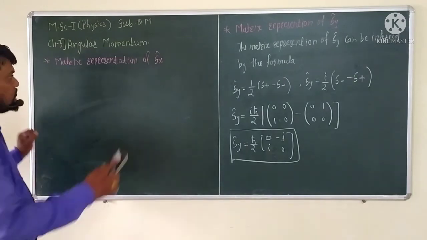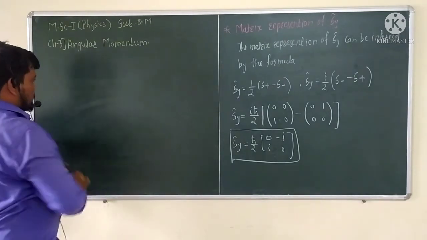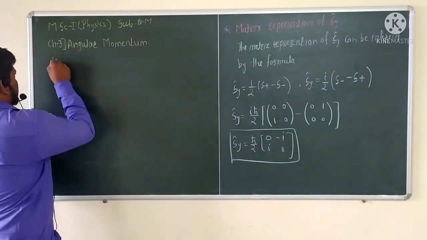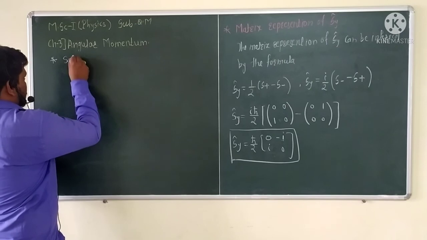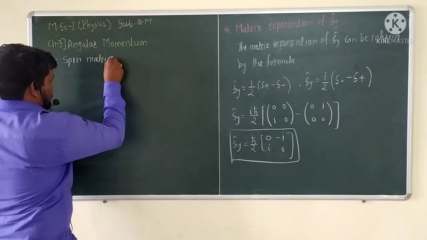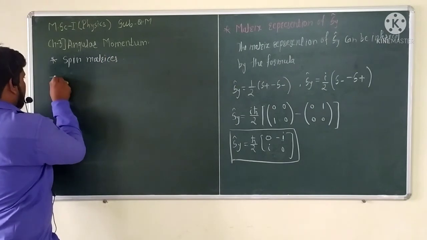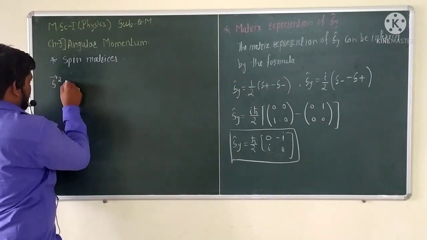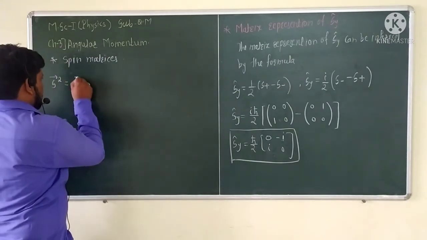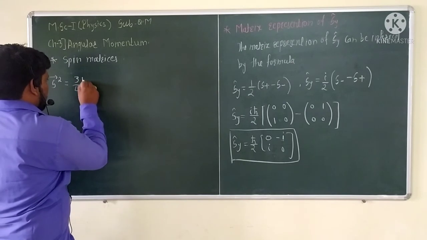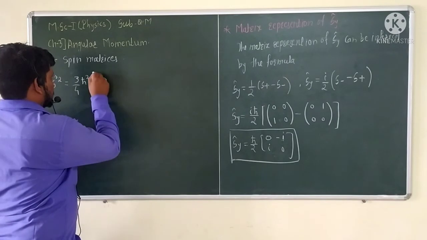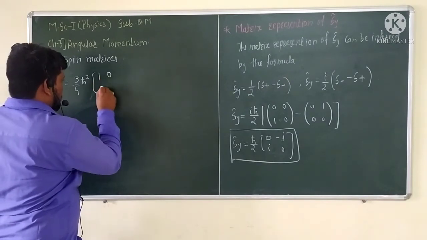The matrix representation of S bar square is 3 by 4 h cross square times 1 0 0 1.